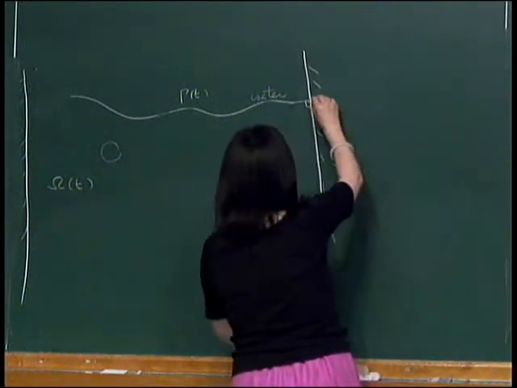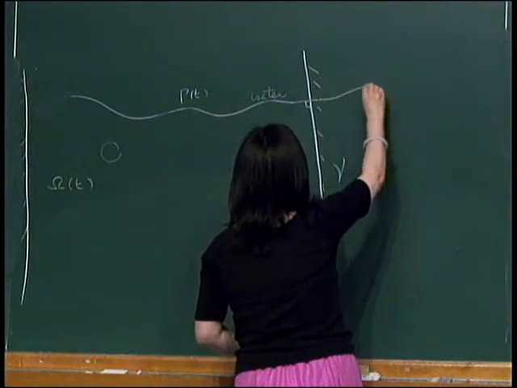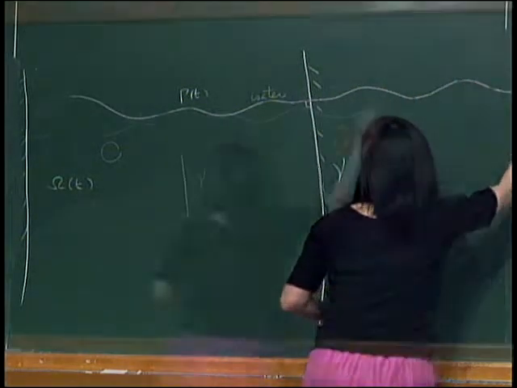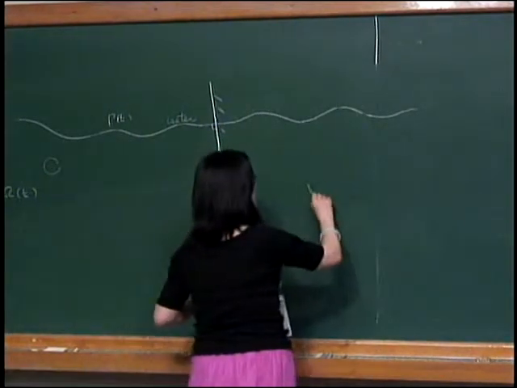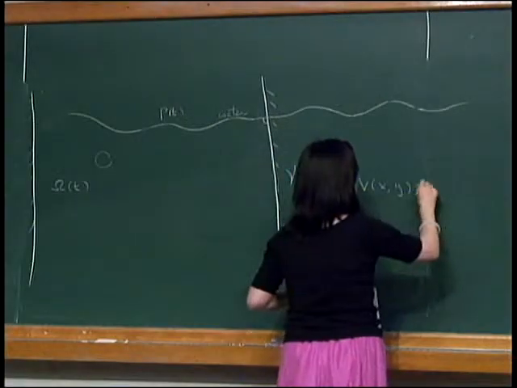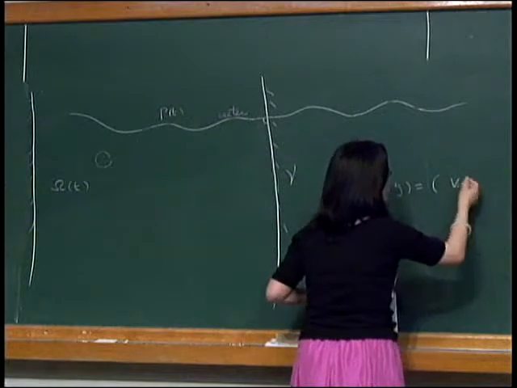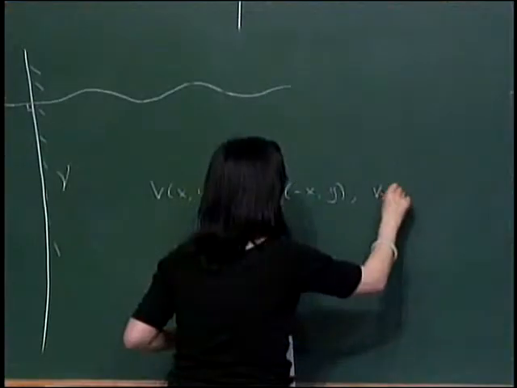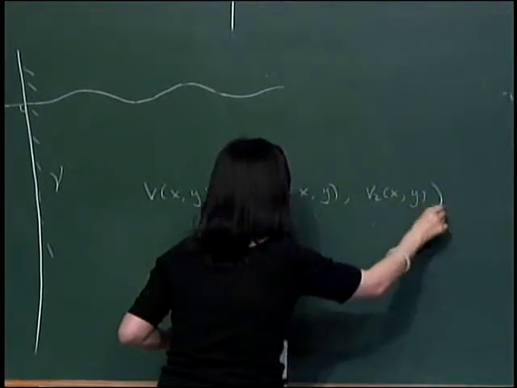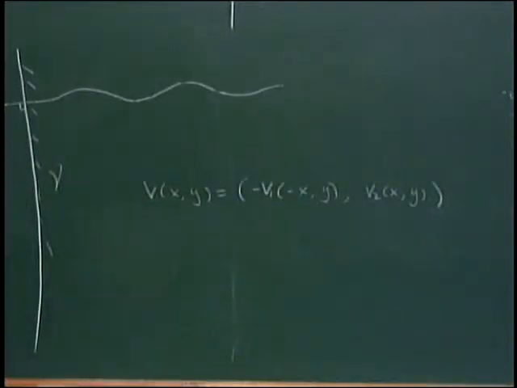So if you make a Schwarz reflection, you have the wave coming in, and then you go like this. So the reflection is V(x,y) equals V1(-x, y), V2(-x, y). And it's very easy to check that's still a solution. You just think about it going like this, symmetrically. So you can make your life easier just by reflecting it.